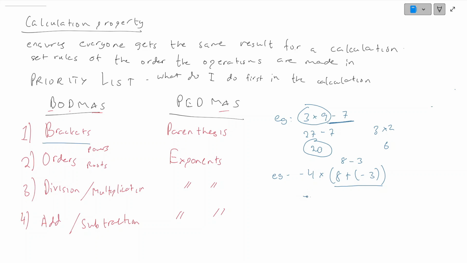So this becomes -4 times 5. This is the result of whatever happens inside the bracket. Then we go on to the second operation, which is multiplication. -4 times 5 gives me -20, and that will be the correct result for this calculation.